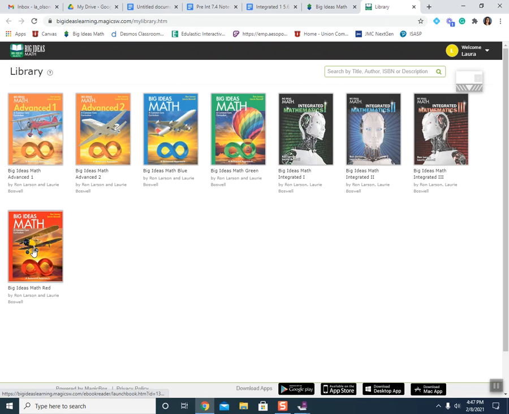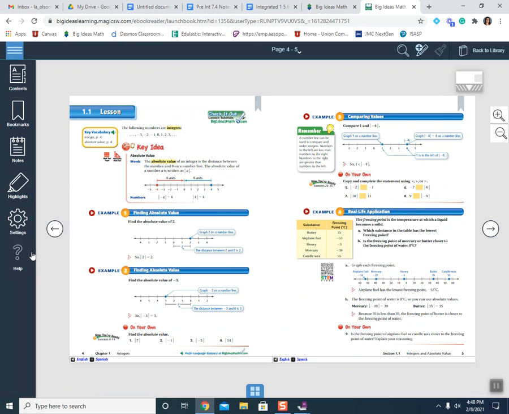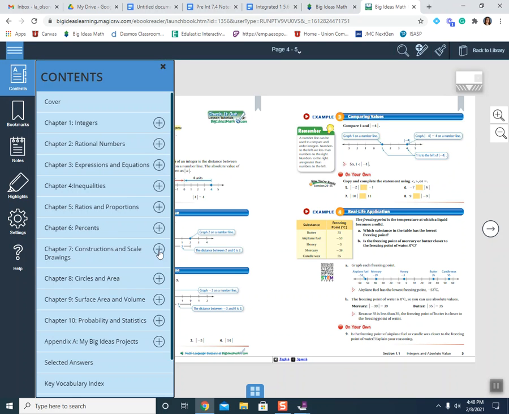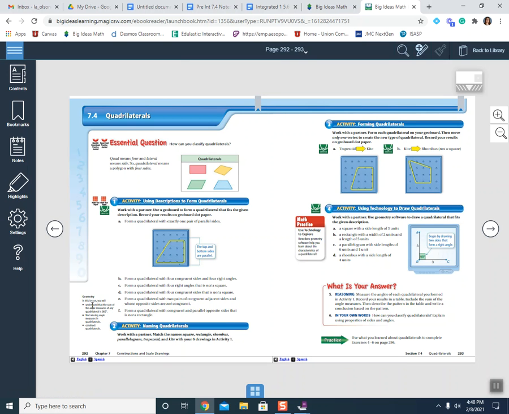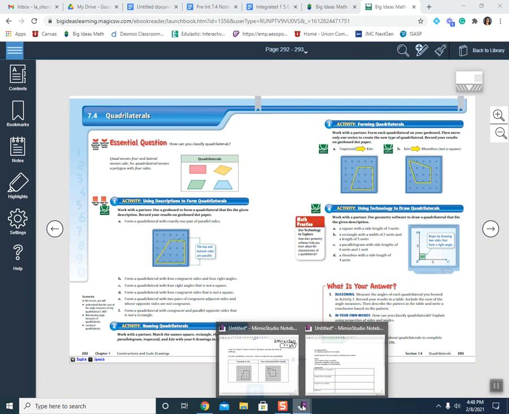Our book is this red one, Big Ideas Math Red. We are in chapter 7, section 7.4, and the activity that we're looking at is activity 3, forming quadrilaterals.